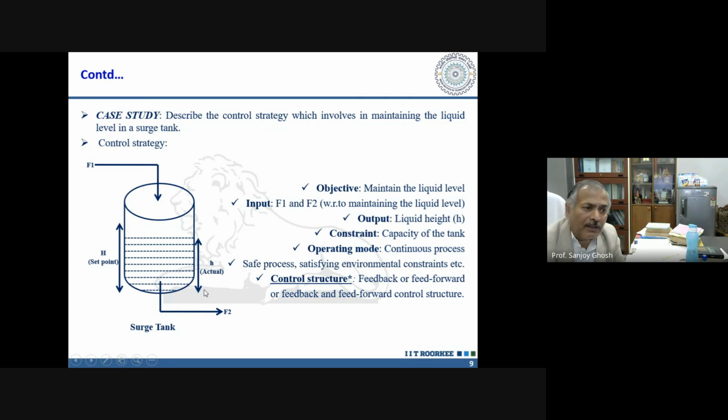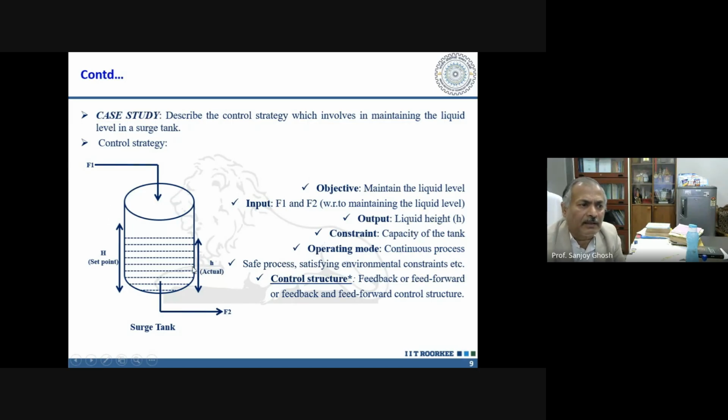Then what is the output? Because of this flow F1 and F2, what will happen? Ultimately, you are maintaining the level, that means the liquid height. Liquid height is the output. Then the constraint is the capacity of the tank. This is a hard constraint.